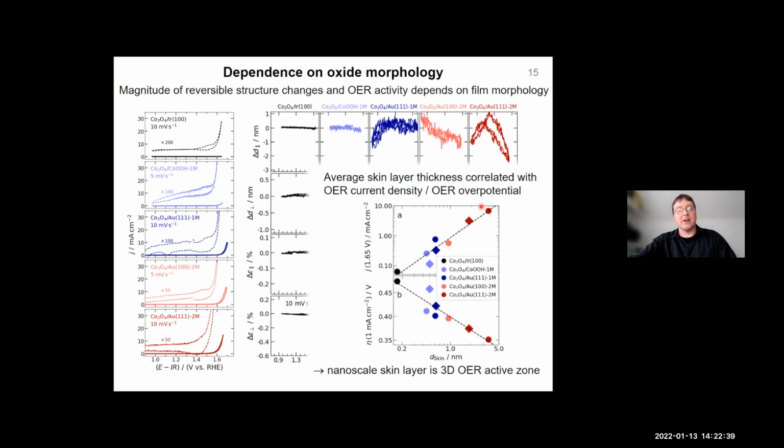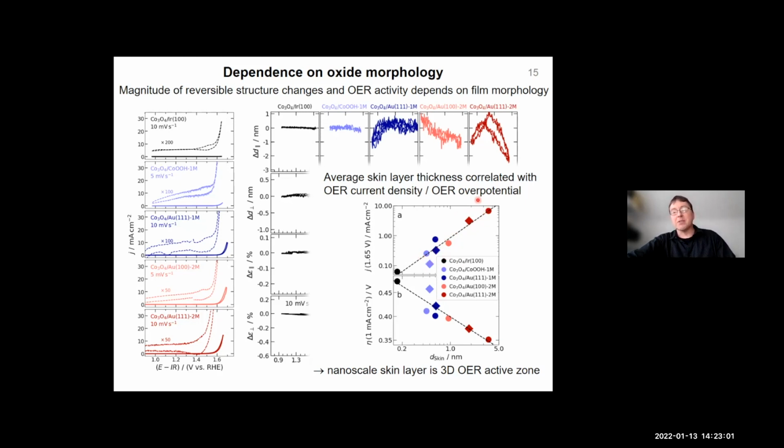That's very surprising, because usually you expect that the reaction on a catalyst occurs on the catalyst surface. But what we are seeing is that it seems to occur in a 3-dimensional reactive zone, which is the entire skin layer.